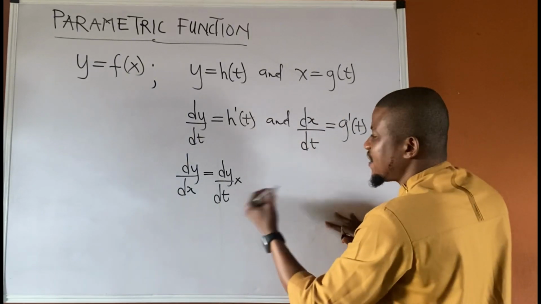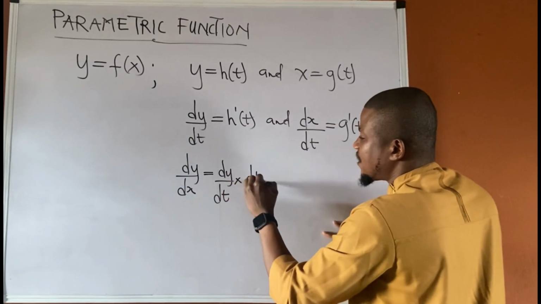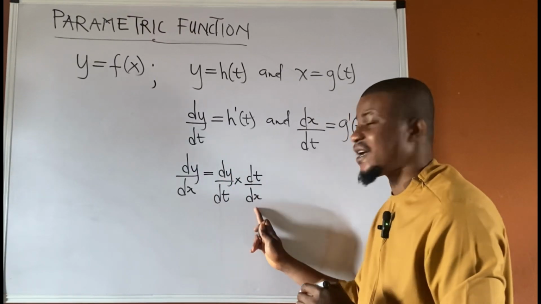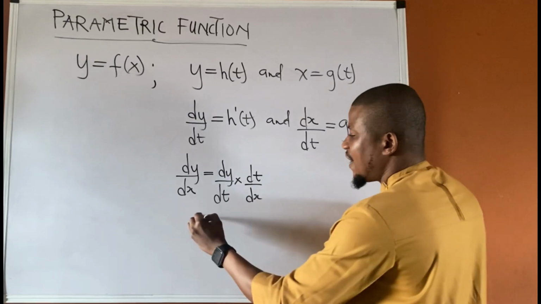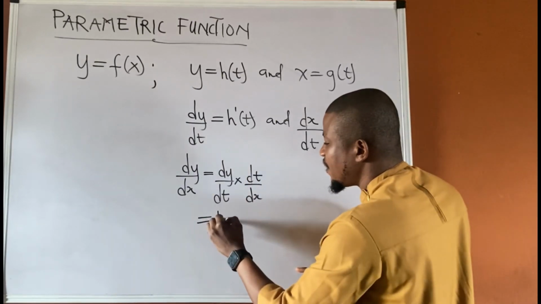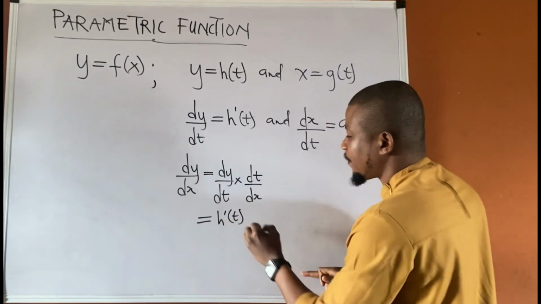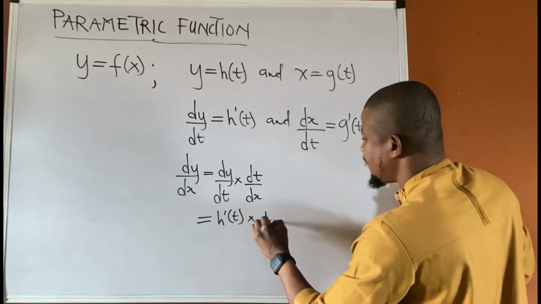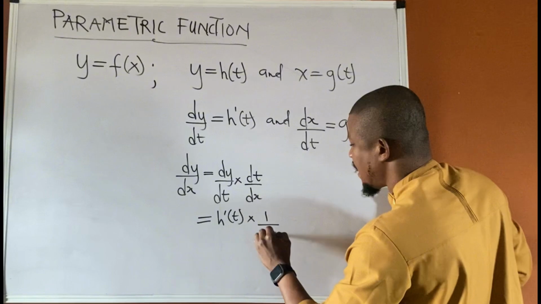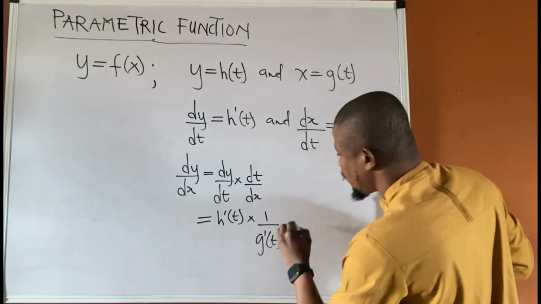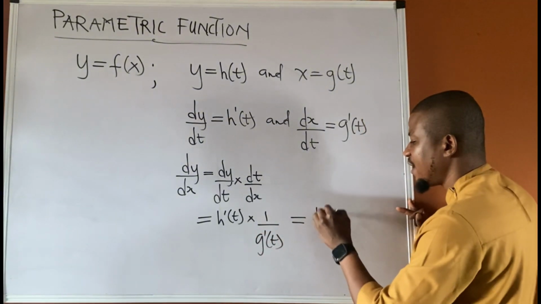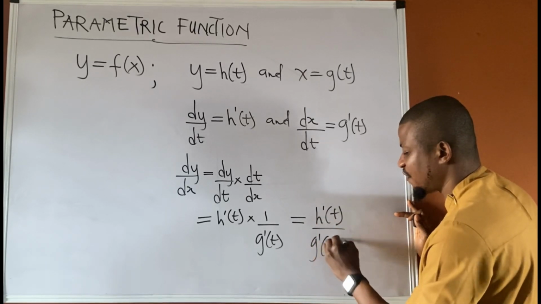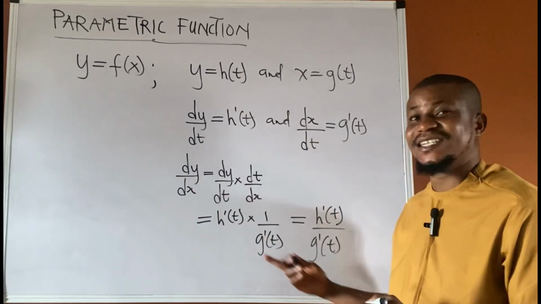Now if we cross this out, we'll find our dy/dx. At the end, dy/dt is h prime of t, and dt/dx will be the inverse of g prime of t. If we simplify this, we'll have h prime of t over g prime of t, and this will be our dy/dx.